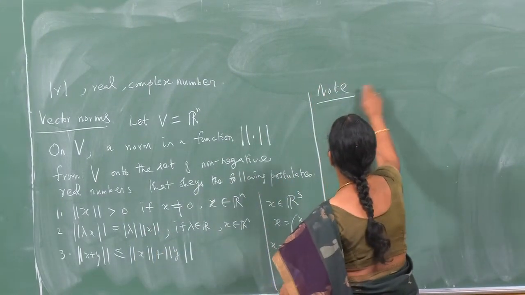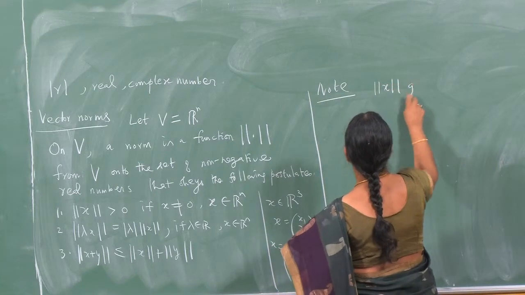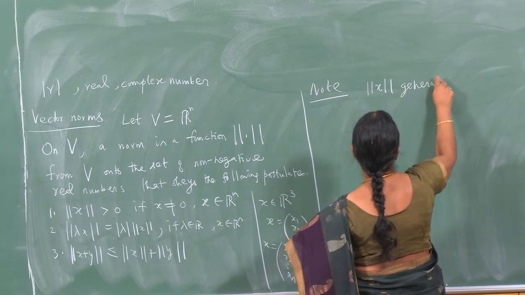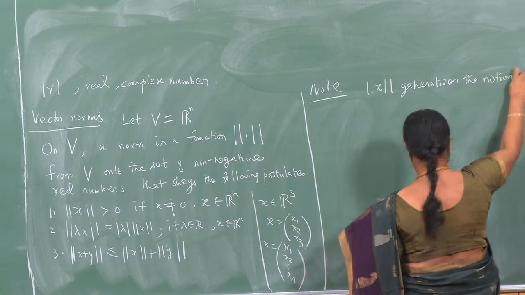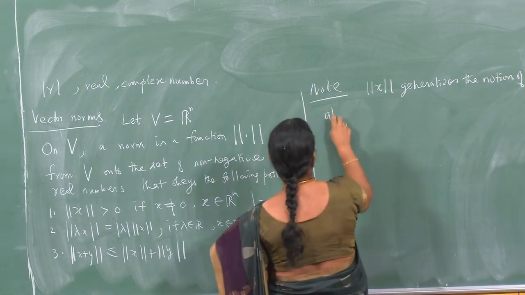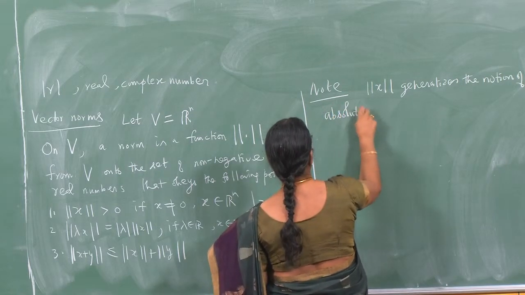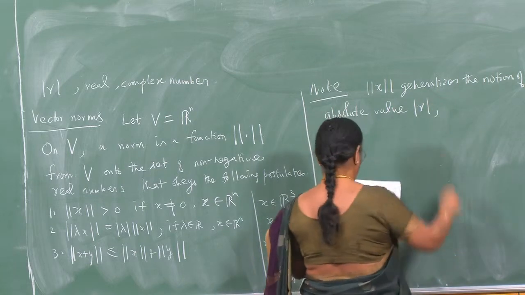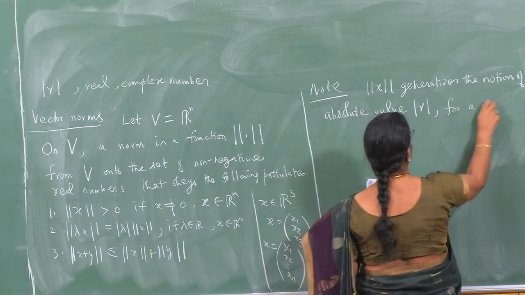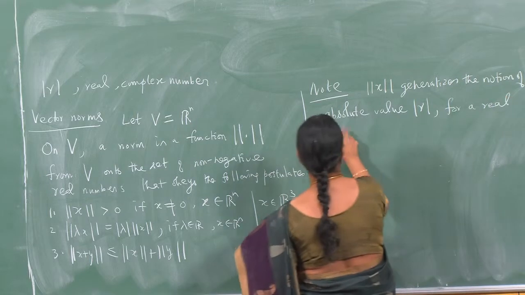So, as we remarked, norm x generalizes the notion of absolute value for a real or a complex number.